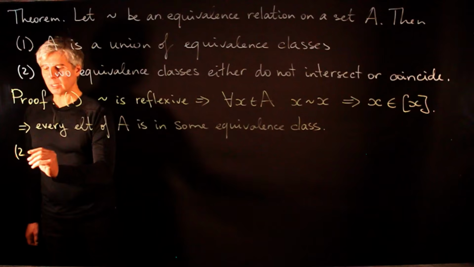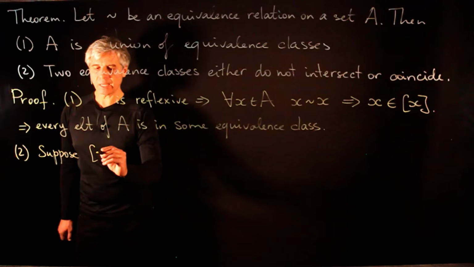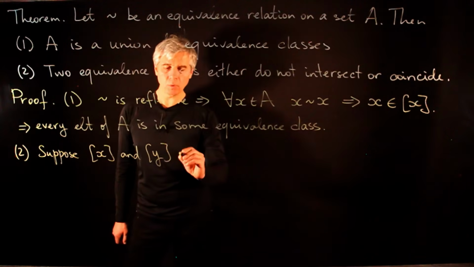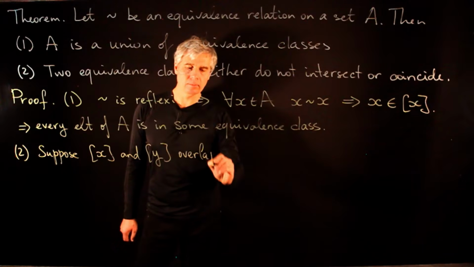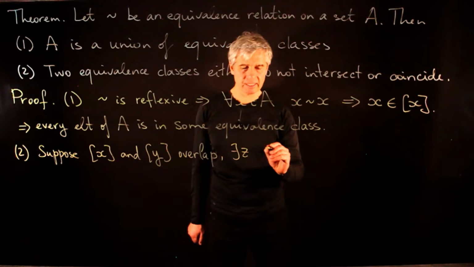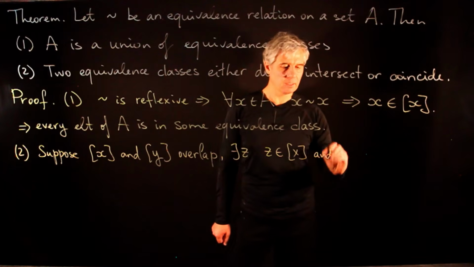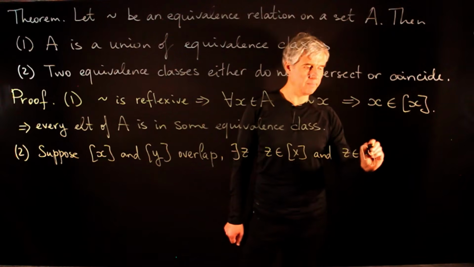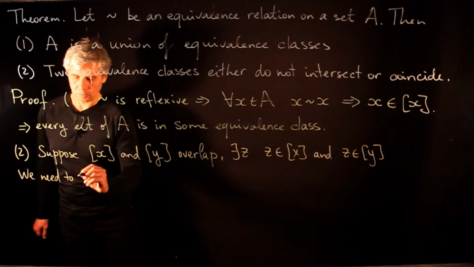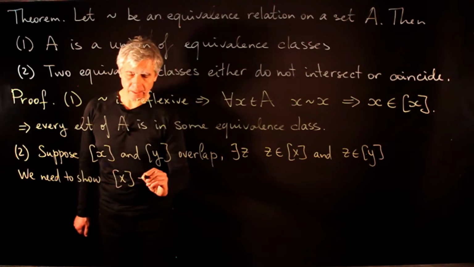Now let us prove part 2. Suppose equivalence class of x and equivalence class of y overlap. That is, there exists an element z such that z belongs to both the equivalence class of x and the equivalence class of y. We need to show, in this case, that these two classes are completely equal.